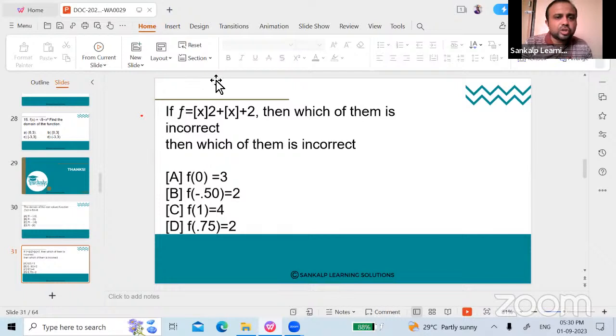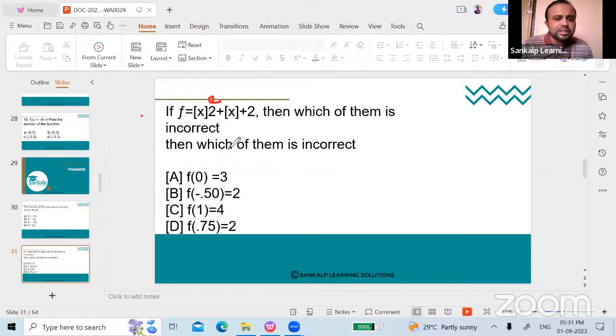Okay, now the next question is: if f of x is equal to x square plus x plus 2, then which of them is incorrect?